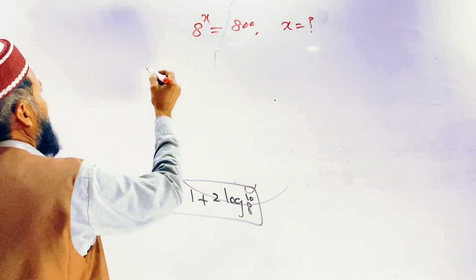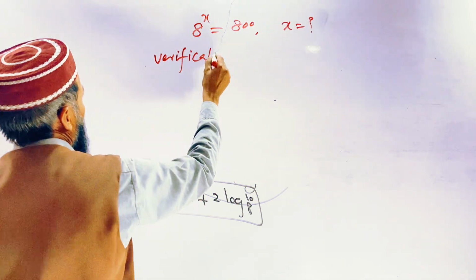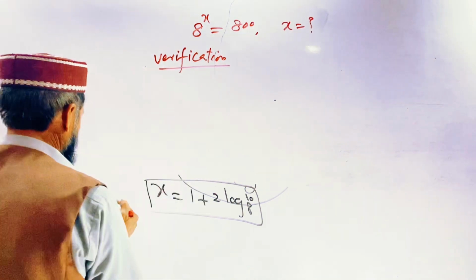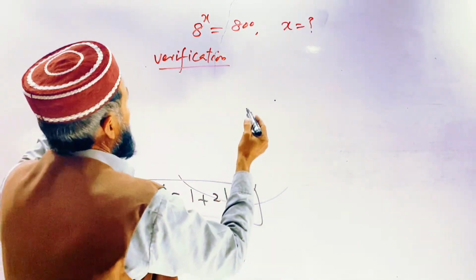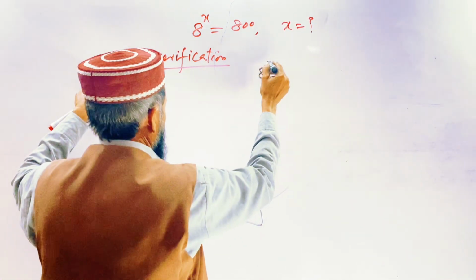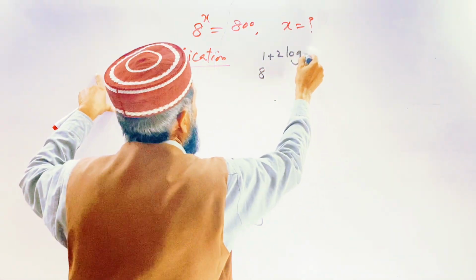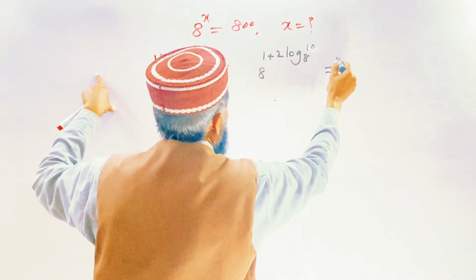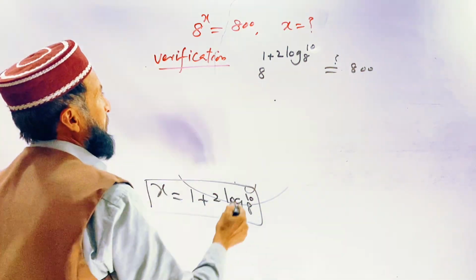Is it correct or not? Verification. In the place of x, we put this result: 8 exponent of 1 plus 2 log of 10 to the base 8, is it 800?